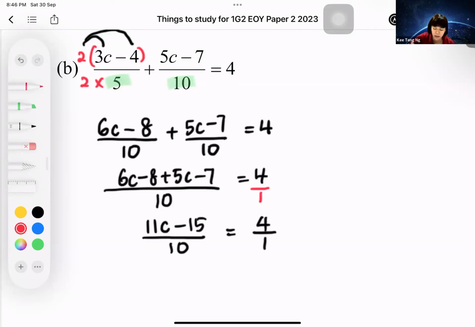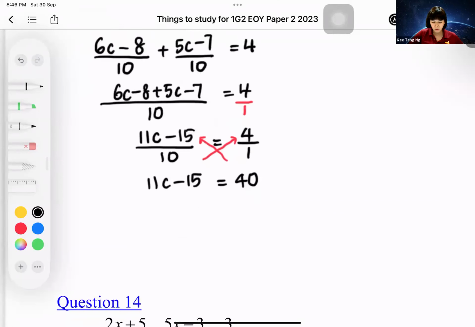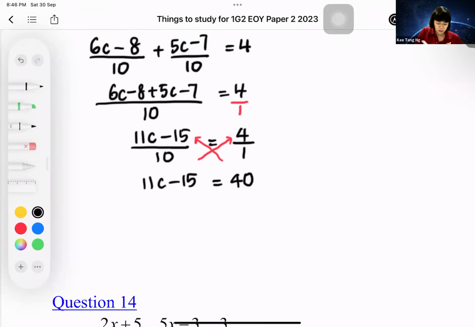But now I can do cross multiplication, okay? So do it slowly. Multiply denominator over. So it's 11c minus 15 times 1. Still the same. 10 times 4, that will be 40. All right. Now, if I want to keep 11c, I shall migrate negative 15 over to the other side.